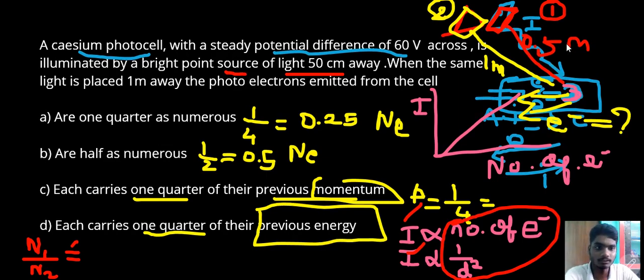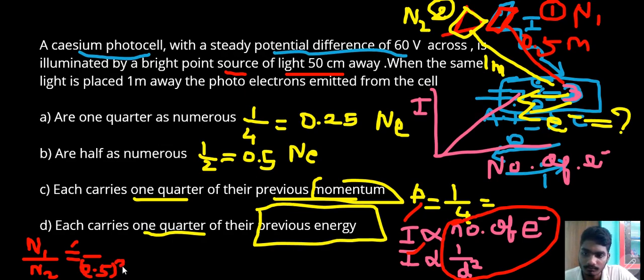Let the number of electrons emitted in the first situation be n1 and in the second situation n2. So n1 by n2 is inversely proportional to the distance. For n1 the distance is 0.5, so 0.5 square, and for n2 it is 1 meter, so 1 square.